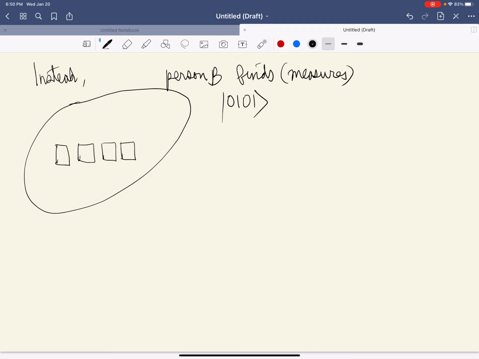But in the quantum world, this sort of thing can very well happen without any paradox or any conflict of logic. In fact, you can say this is the essence of quantum.